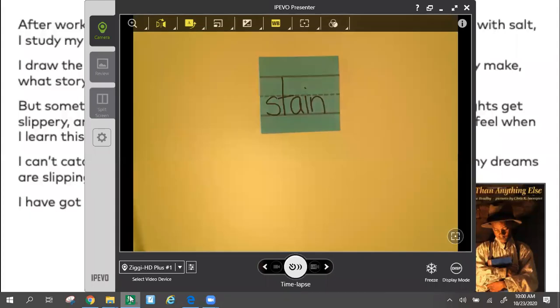Yeah, Gabe, what's a stain? When you get something on your shirt and can't get it off, that happens at my house all the time. And somebody forgets to tell me that they have a stain. And then once you wash it, sometimes it's almost impossible to get it out, right? Okay, Abby, do you want to add something to that?